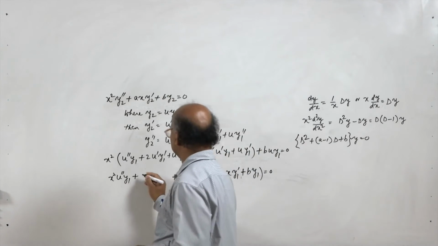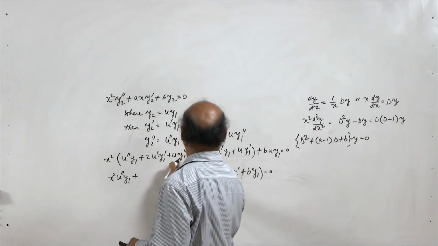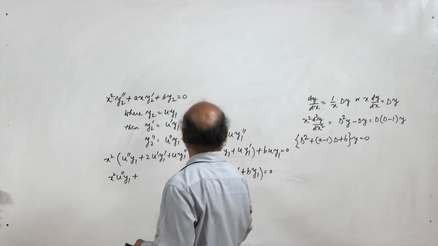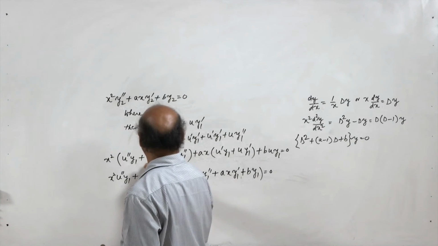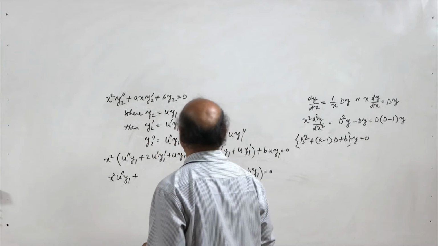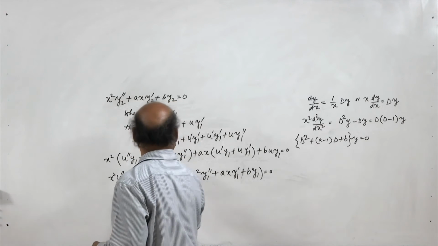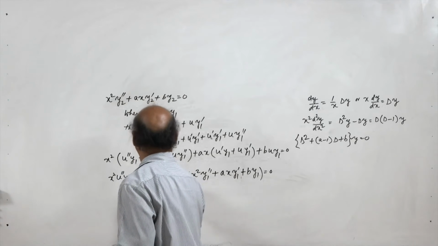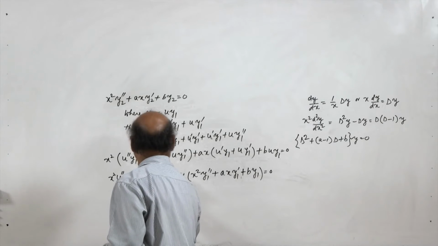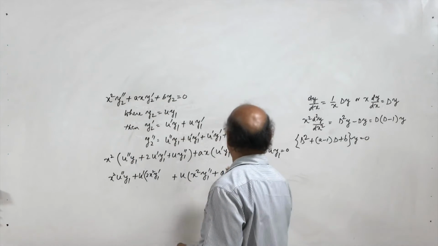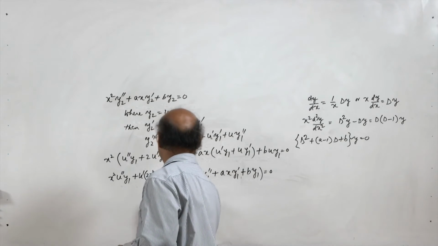What is left out is this: we have taken this term, this term, and that term. So, a x u dash y1, and we have this one, 2 x square u dash y1 dash. So, u dash times 2 x square y1 dash and then a x y1 equal to 0.